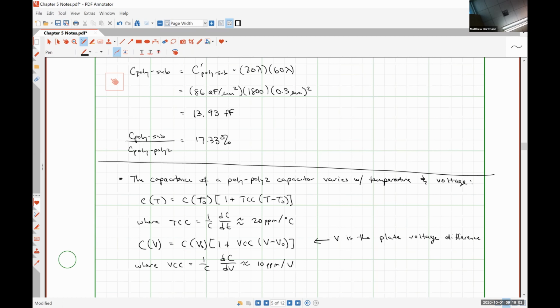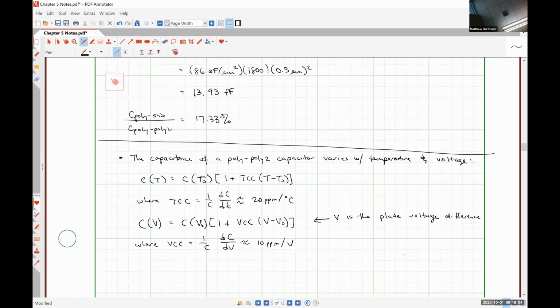So the extremely low values of TCC and VCC mean that poly to poly 2 capacitors are extremely stable. So we don't see much variation in capacitance.